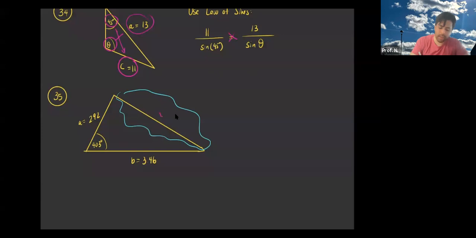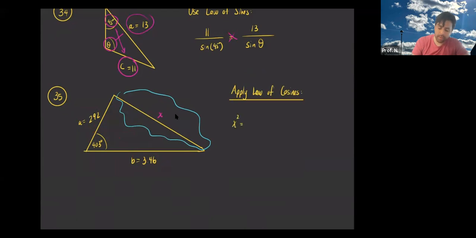I don't know what that is, but we have three sides and an unknown side opposite a known angle. So what do I have to do? Apply law of cosines only. That's all I need. I don't need an additional step. What is the formula for this?